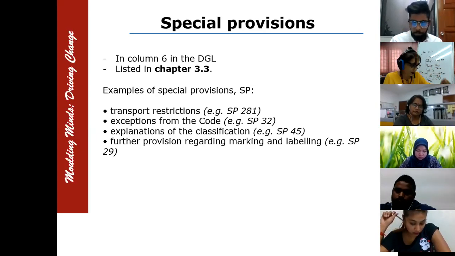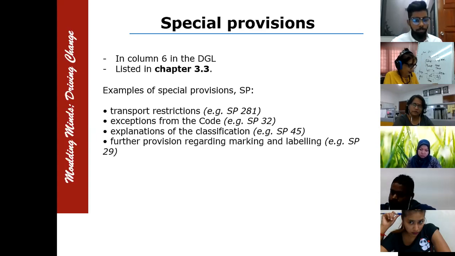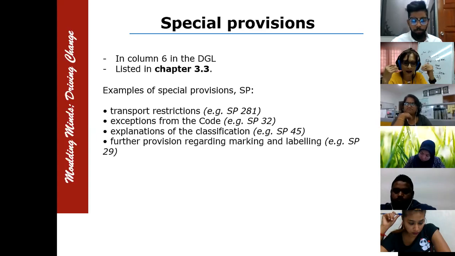All right, so SPs, please take a look at them. There are so many and you have a perfect amount of time to take a look at all these SPs, and you would notice these SPs are very, very important. They will tell you, for lithium batteries, they will indicate the lithium ion content, so you know which label to use.